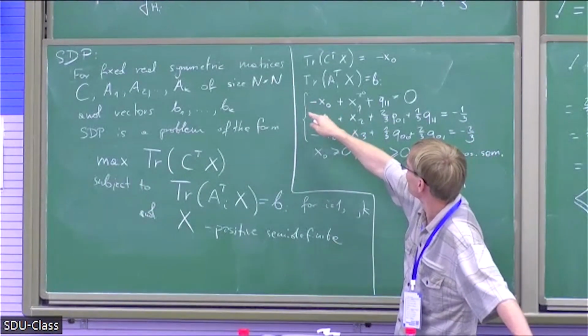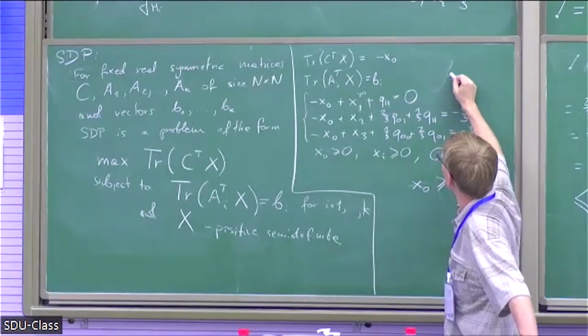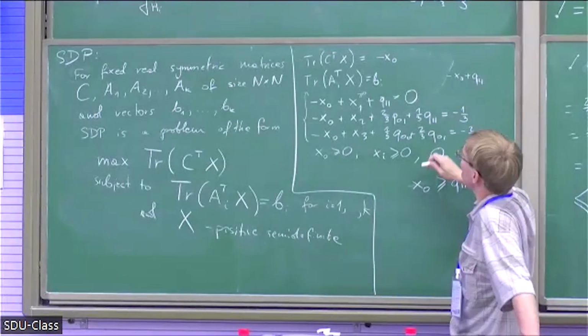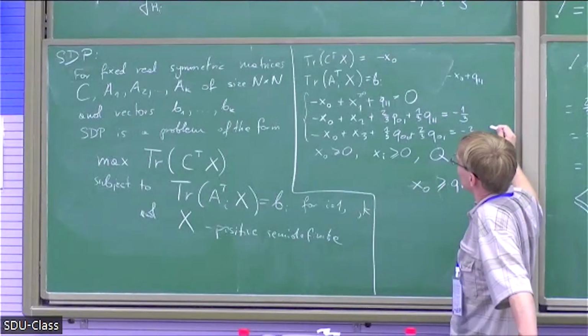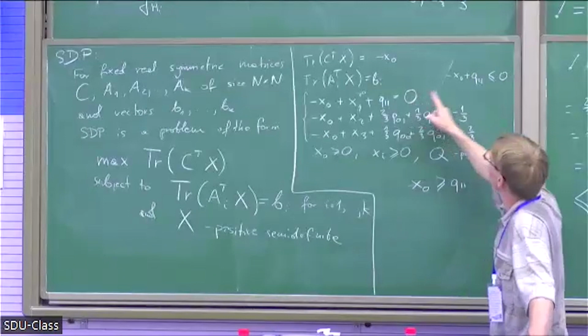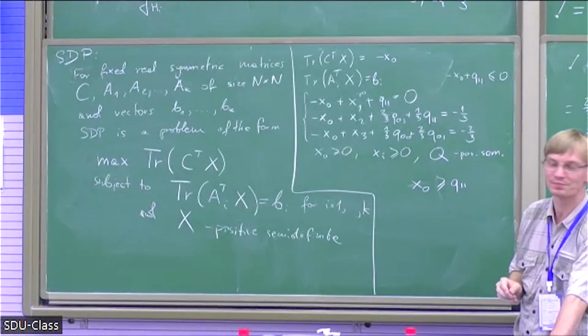I think that this is at least 0. This is at least 0, so minus x0 plus Q11 is smaller or equal 0 from here. So x0 is at least Q11. Right.